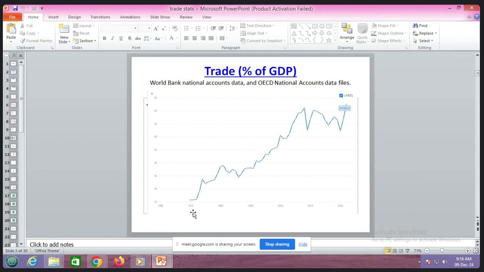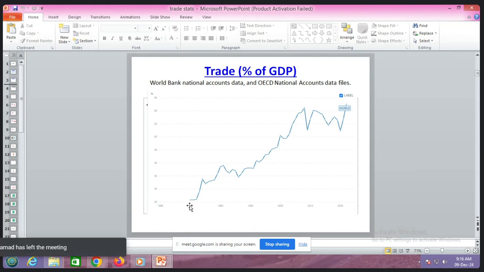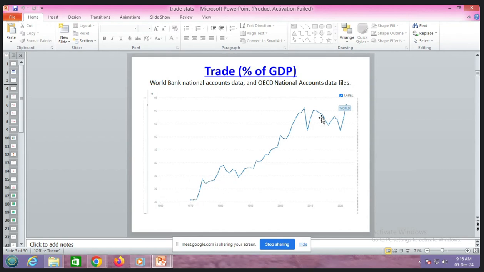on trade. So as we can see here, the second graph is trade as a percentage of GDP, and this is the growth rate. You can see how over a period of time the trade as a percentage of GDP has increased. This is the world data, the world average.